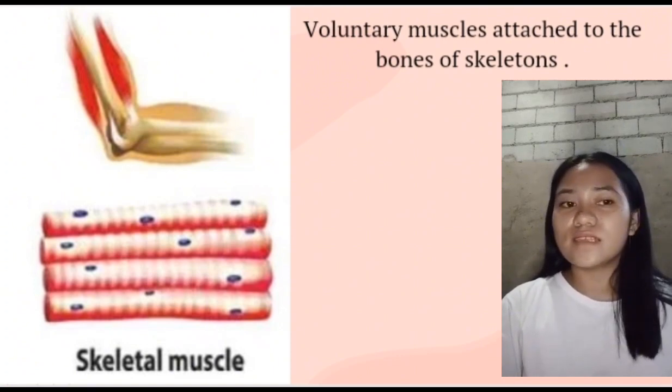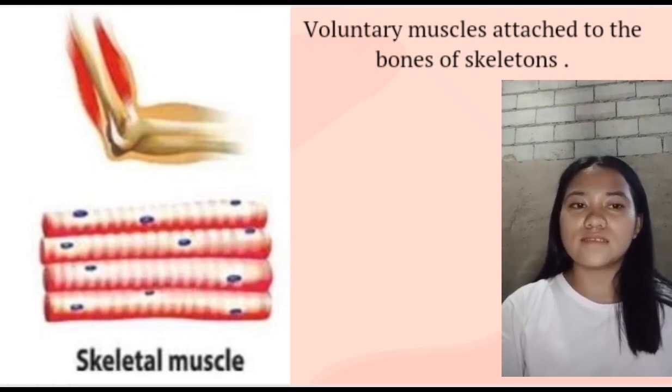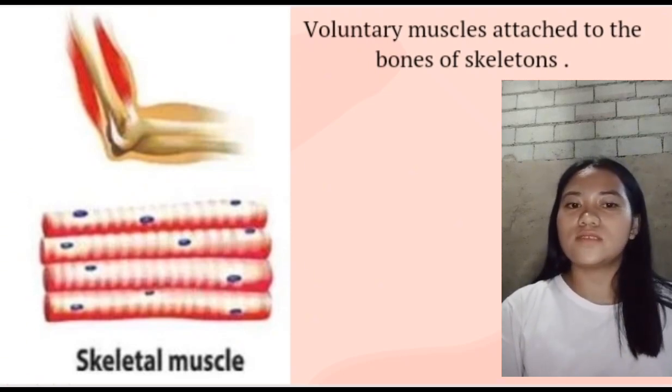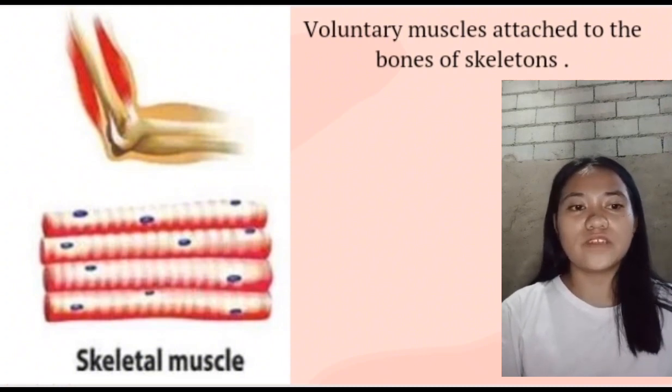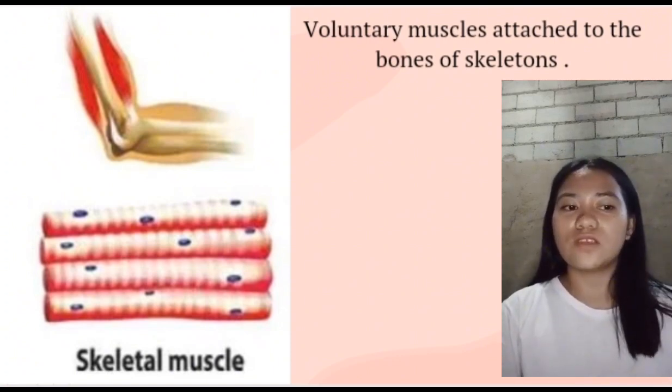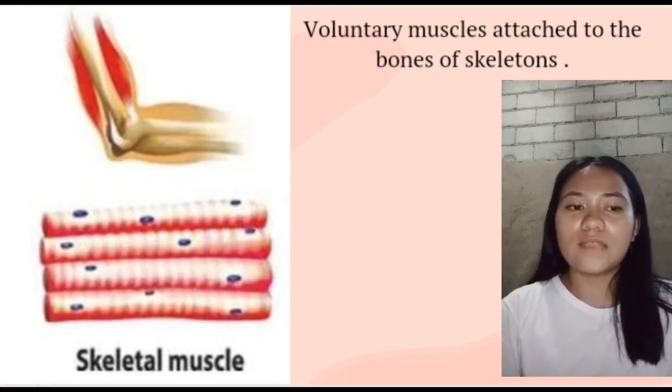Together, skeletal muscles and bones are called the musculoskeletal system, also known as the locomotor system. Generally speaking, skeletal muscle is grouped into opposing pairs, such as the biceps and triceps on the front and back of the upper arm.